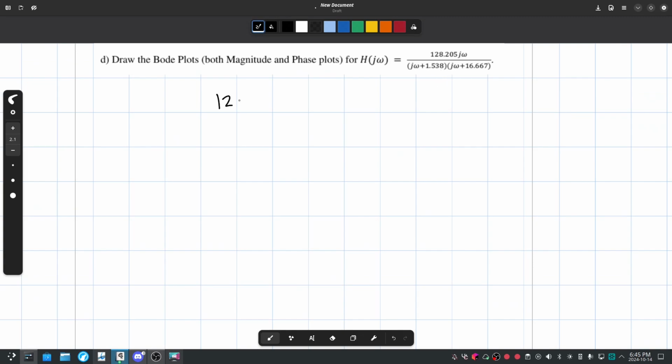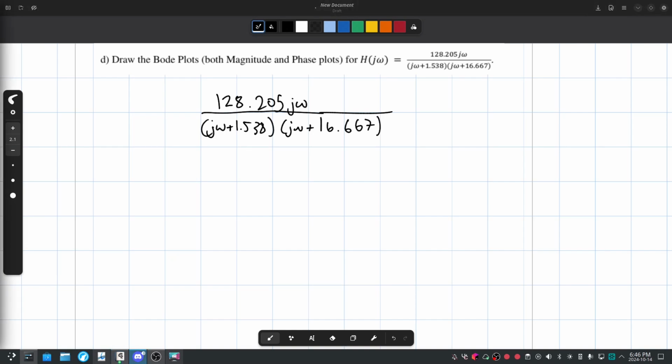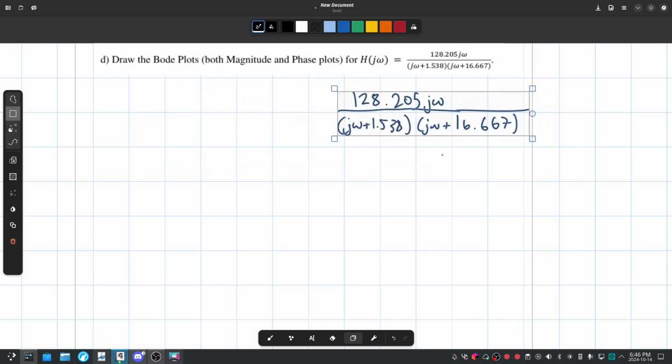So in this case, it's 128.205 jω over (jω plus 1.538)(jω plus 16.667). Actually, I'm not really sure why I rewrote this.